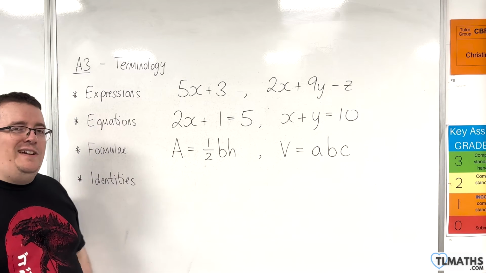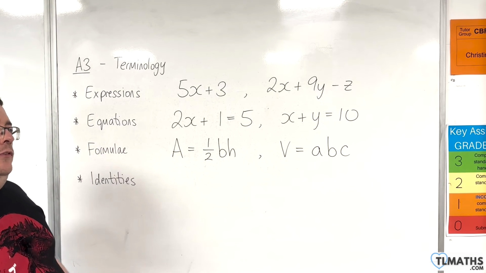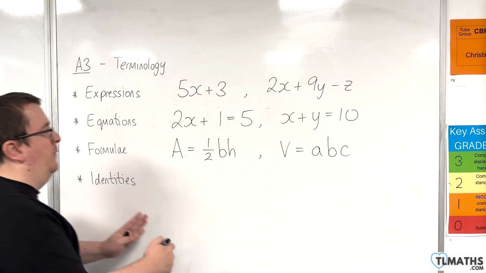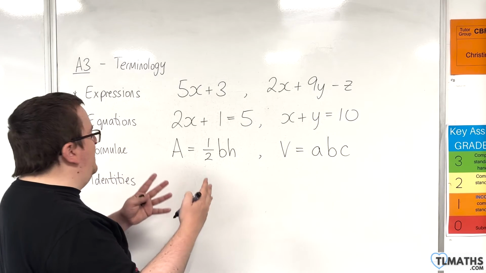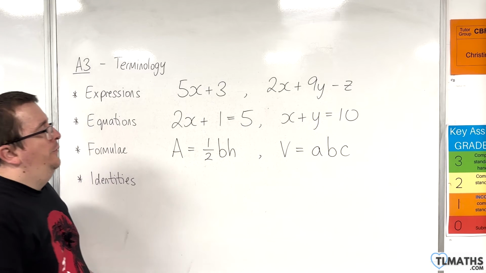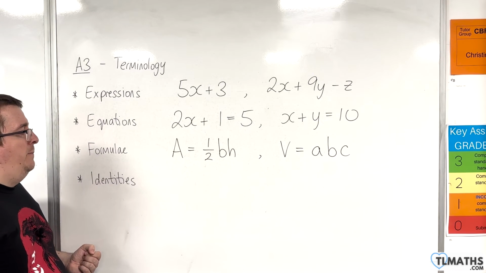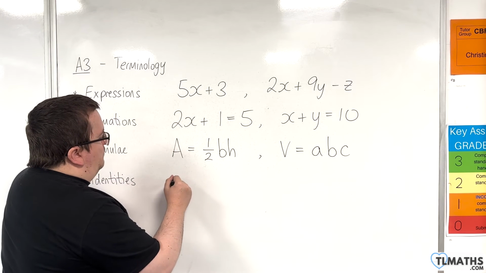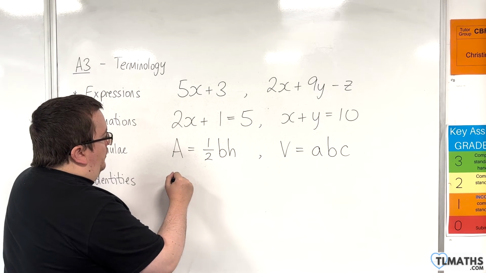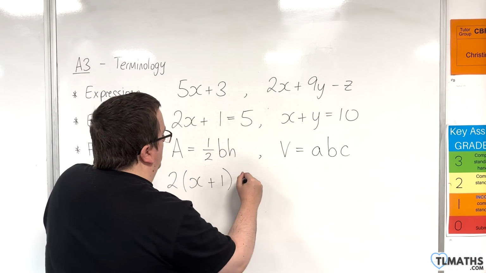Now, what is an identity? Now, an identity is something that tells you that whatever's on the left-hand side is identical to what you have on the right-hand side. So, an example of this would be something like, let's say I've got 2x plus 1.